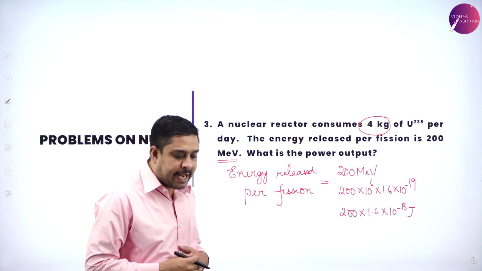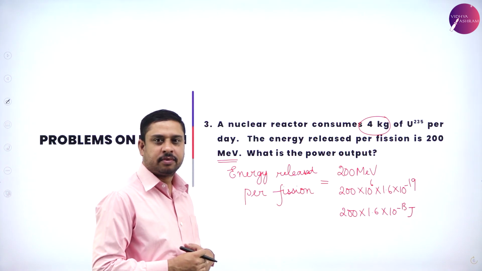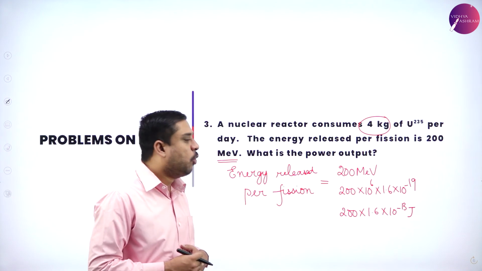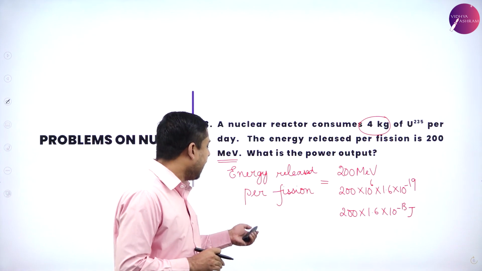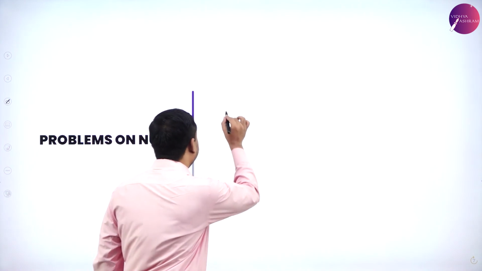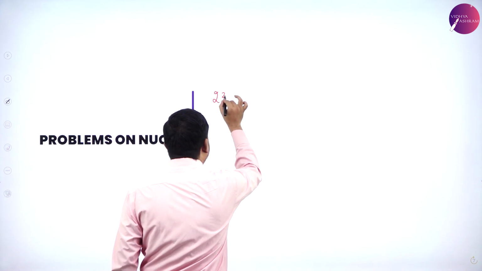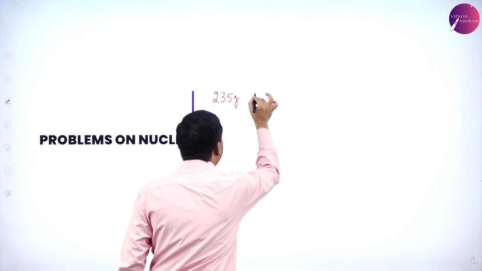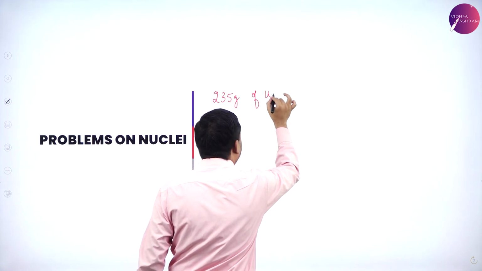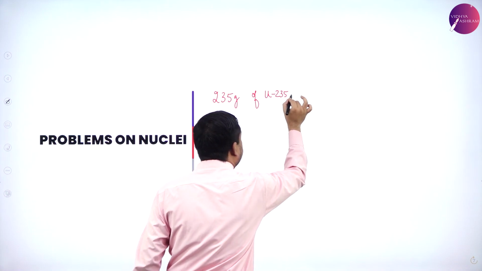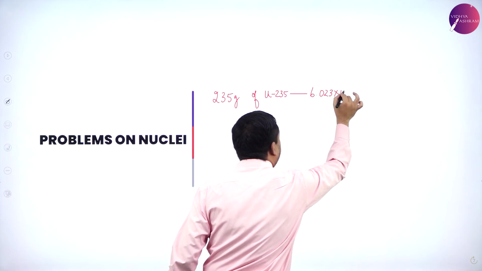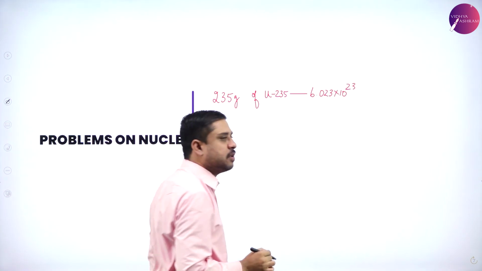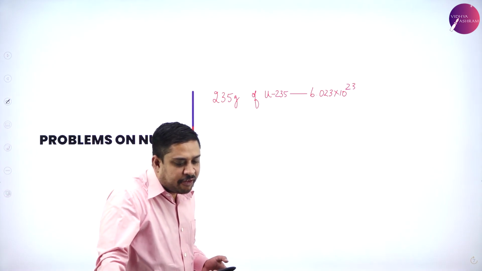I have to calculate the power output. So now, how do we calculate the power output? It is very simple. Again, number of atoms in the sample, 235 grams of uranium-235 has Avogadro number of atoms. What is the mass given for us?